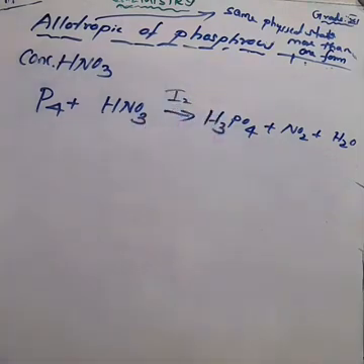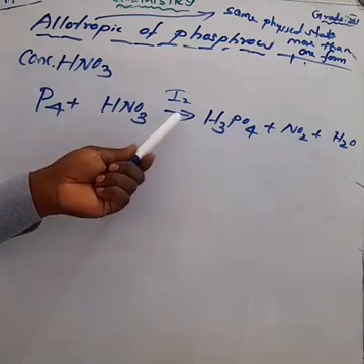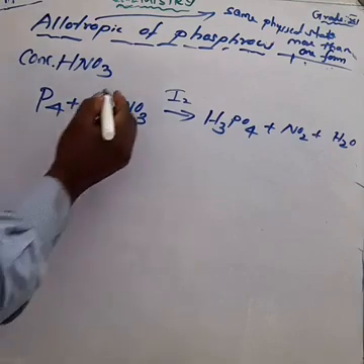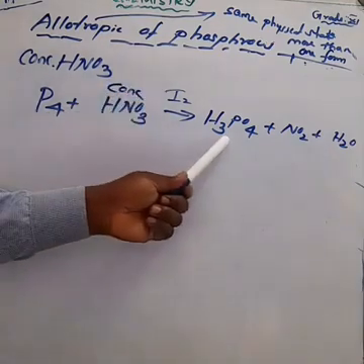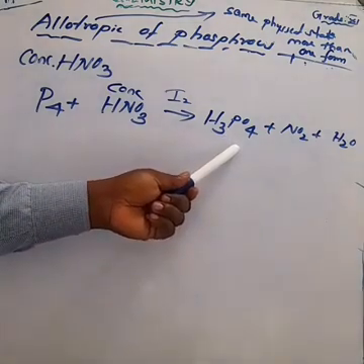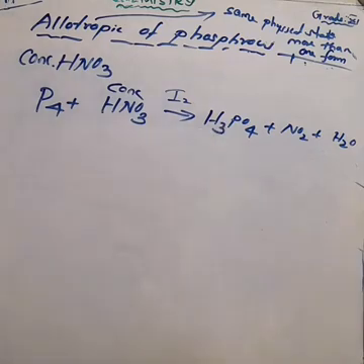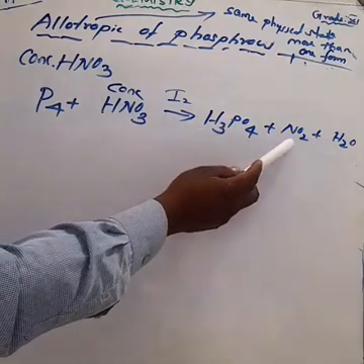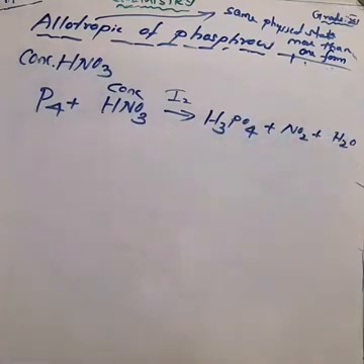We have to write the equation: P4 plus HNO3, concentrated nitric acid, gives H3PO4, that is orthophosphoric acid, otherwise we can say phosphoric acid, plus NO2, nitrogen dioxide, plus water molecules. How can you balance the equation?